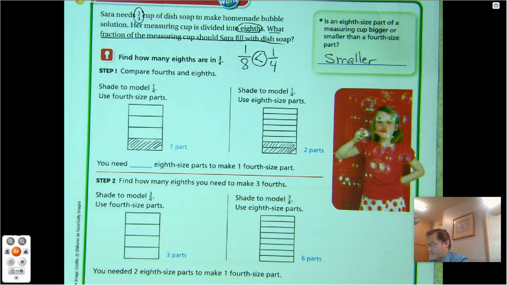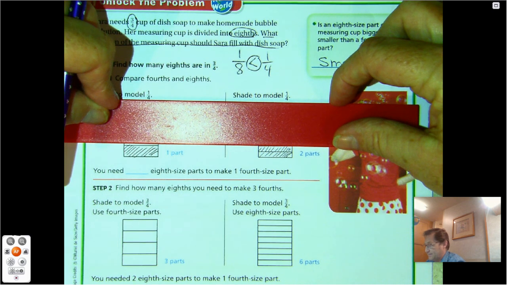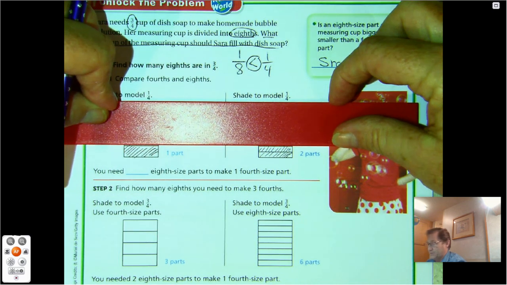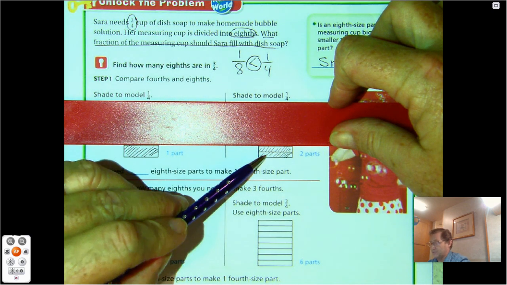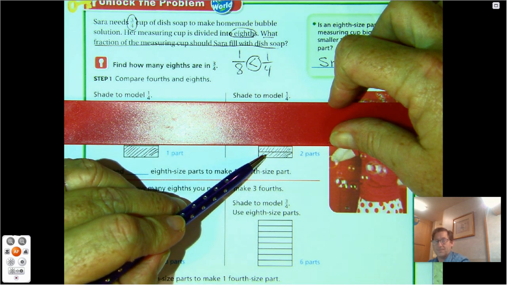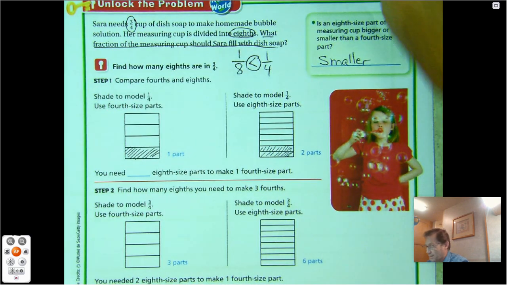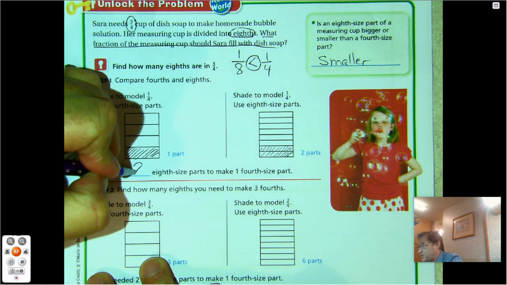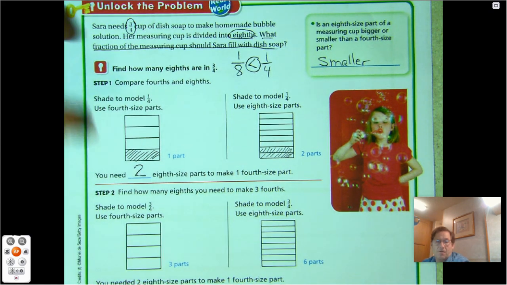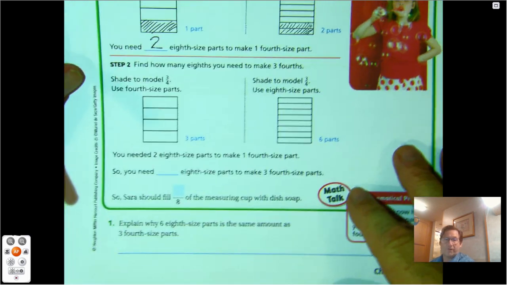They show the same amount of shaded space. Okay, so this one has one piece, so its piece is larger, and these are smaller. Okay, but it covers the same amount. All right, so how many eighth size parts do we need to make a 1/4 size part? We need 2. All right, so every 2/8 equals 1/4.